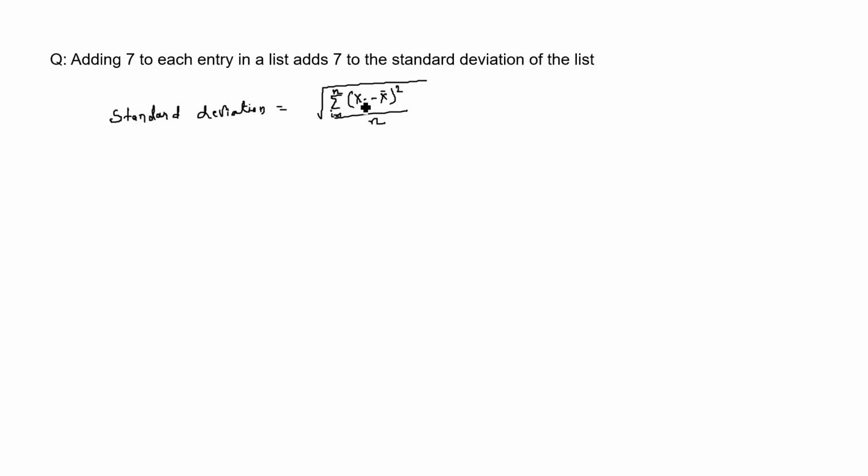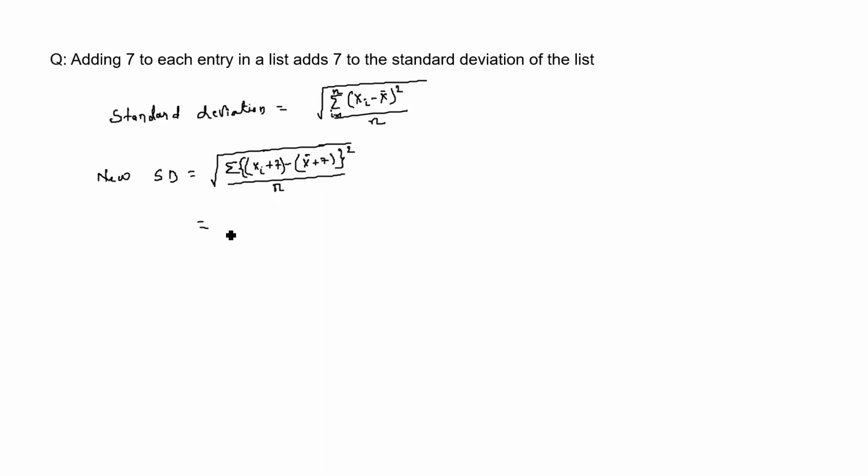If we add 7 to each entry, the new standard deviation will be root over the summation of xi plus 7 minus the new mean. We know the mean will also increase by 7, so x mean plus 7, squared, divided by n.